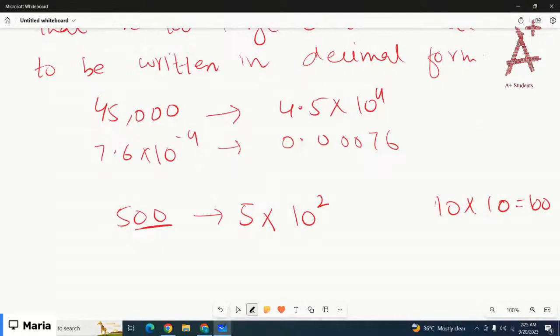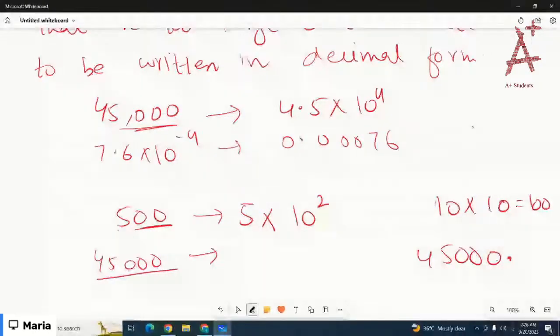Okay, the next one is the one I just did here, 45,000. You have to write the answer in decimal form, right? Because that is just a 5, you can write 5 as it is. But here you have 45,000. Just see how many zeros: 1, 2, 3. Basically, the decimal point is here, and you have to move it back. 1, 2, 3, 4.